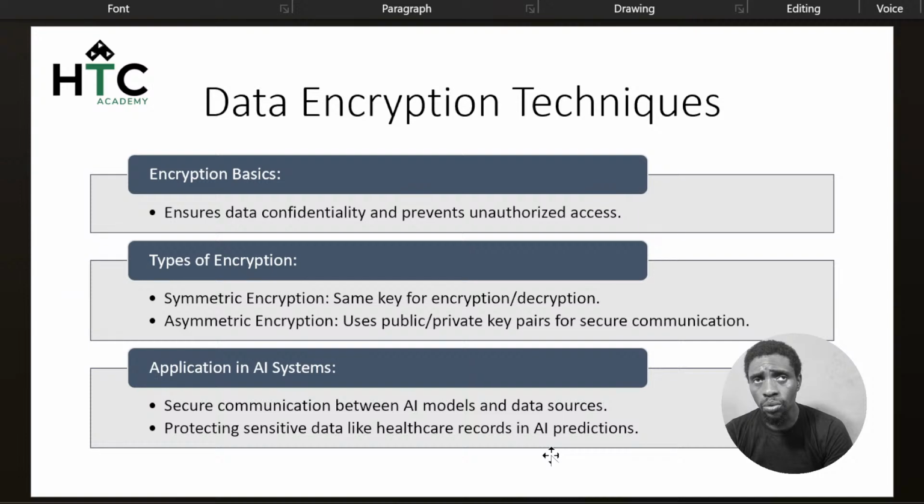So let's go deeper to understand some of the concepts and types of encryption, starting with encryption basics. Encryption largely ensures that your data has confidentiality, integrity, and availability.